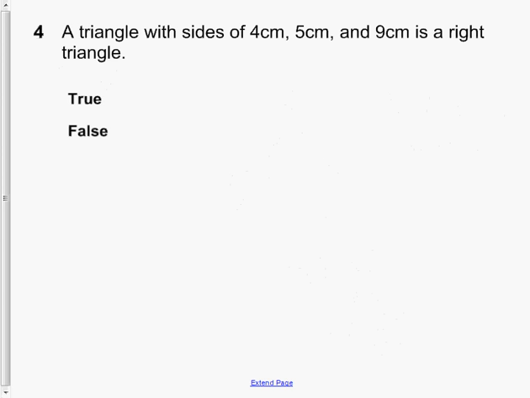Question 4 says a triangle with sides of 4, 5, and 9 is a right triangle. Well, if I was to draw 4, 5, and 9, it doesn't necessarily mean it's a right triangle.